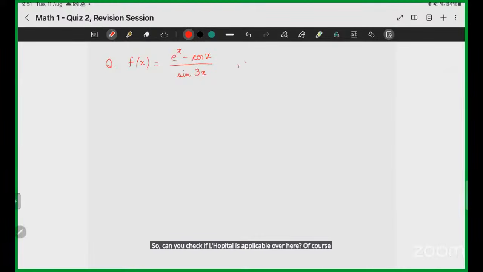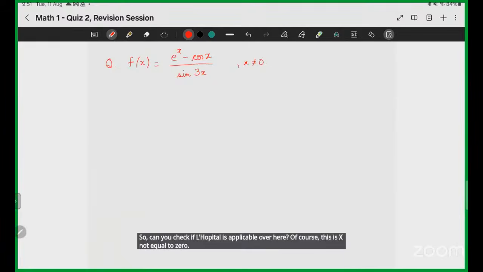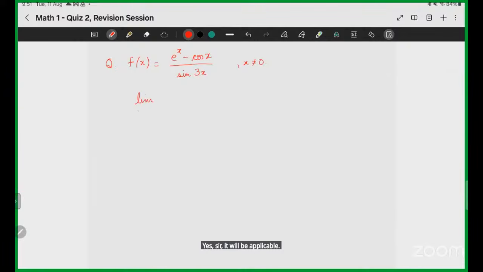Of course, this is for x not equal to 0. Yes, sir, it will be applicable. And calculate the limit. It will be 0, I think, sir.